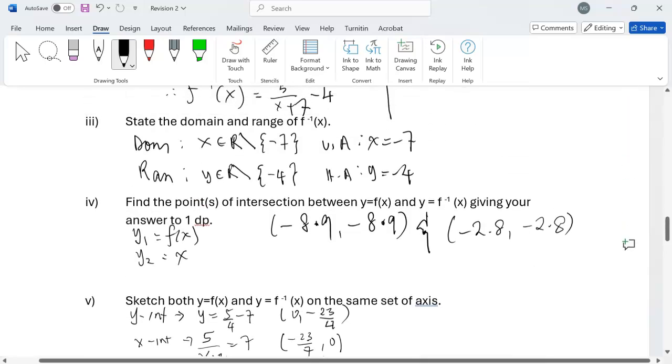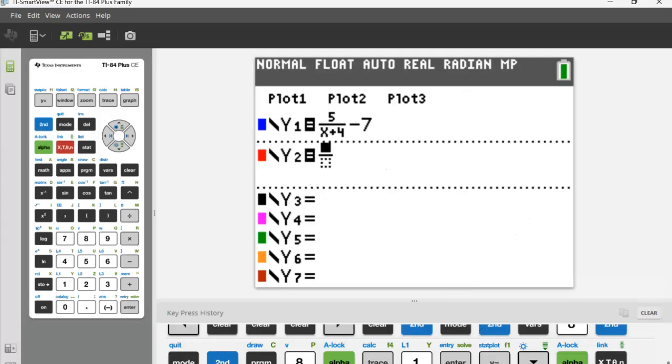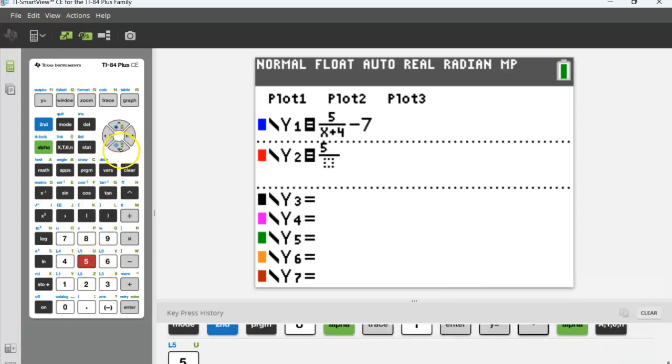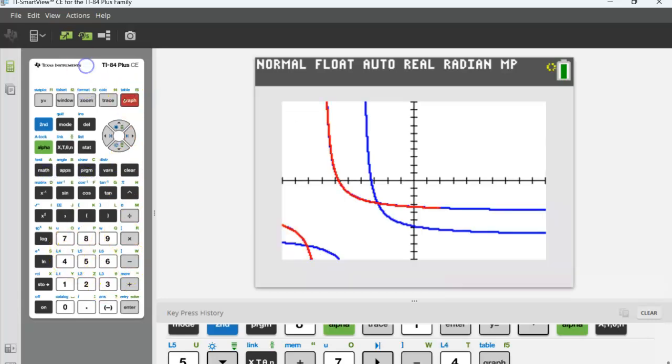Equation of the inverse is 5 over x plus 7, then you have minus 4. So I'm going to press graph.